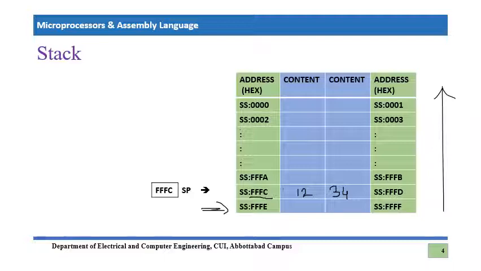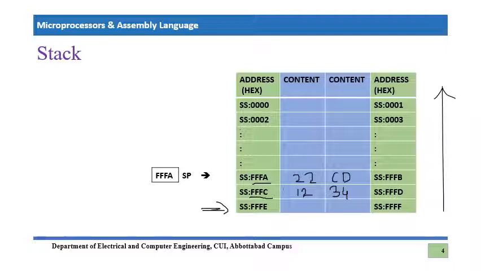Similarly, let's say we now store another information, 2 to CT. Okay, what will happen now? This pointer will no more point to this location, and it will shift to this location, which is the new address of the last address used.